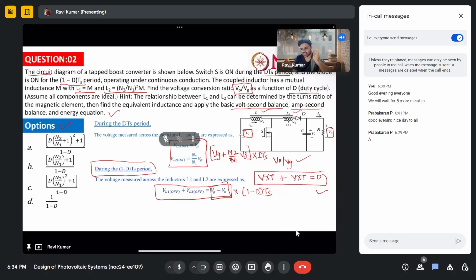What is the answer you are getting? It's very simple now. Just Vg plus N2 by N1 Vg into DTs plus this Vg minus V naught into 1 minus D Ts equals 0. This entire term will go here, this DTs is here, this entire term will go here, and this 1 minus D Ts will be here, and use this equation and get this in terms of D.